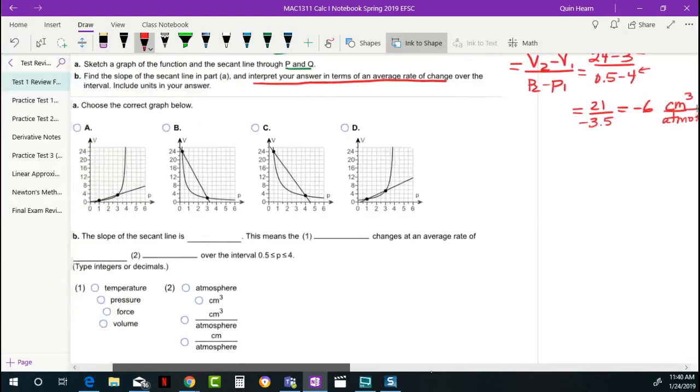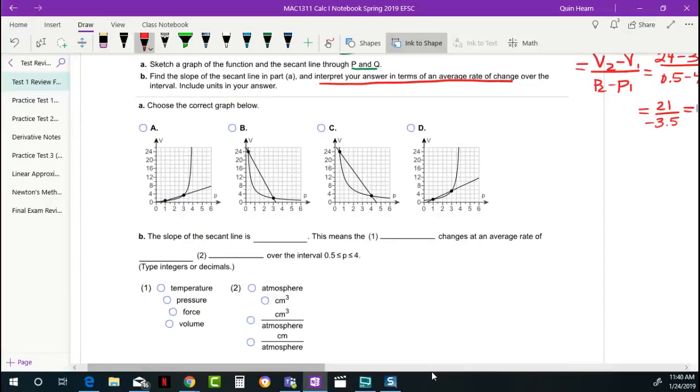So in MyMathLab, they say the slope of the secant line is -6. This means that the number 1, either temperature, pressure, force, or volume, changes at an average rate of blank per blank.